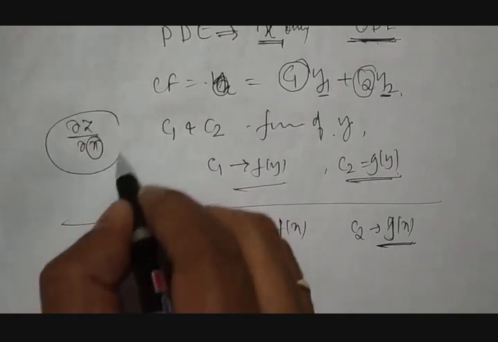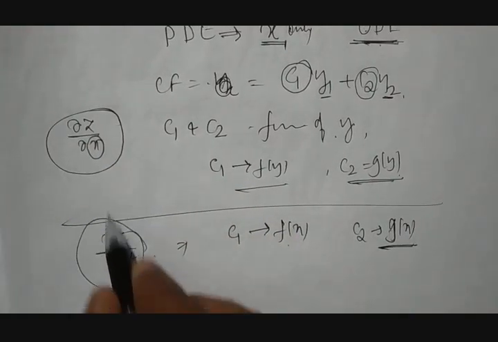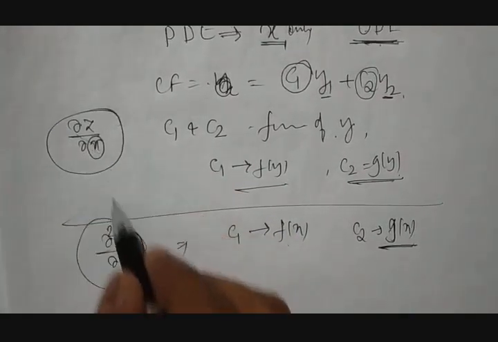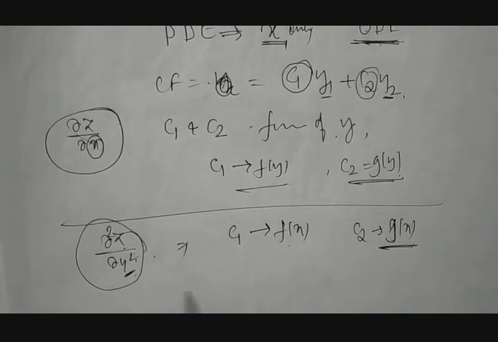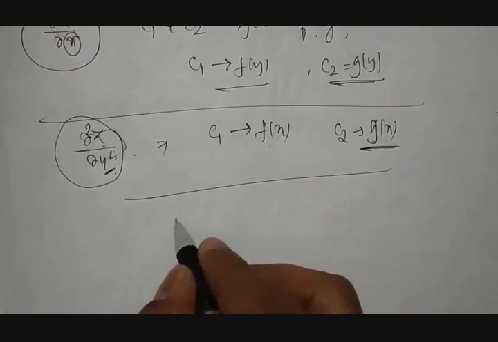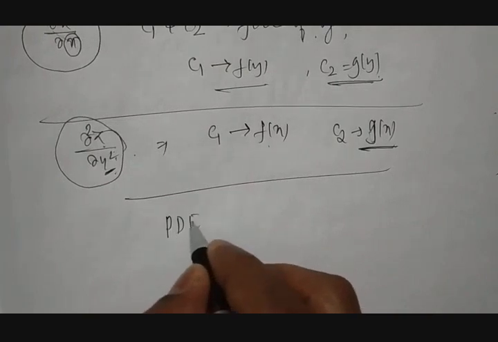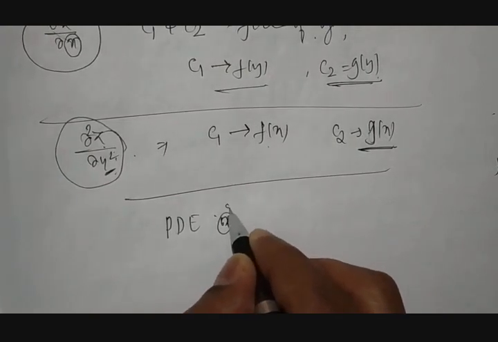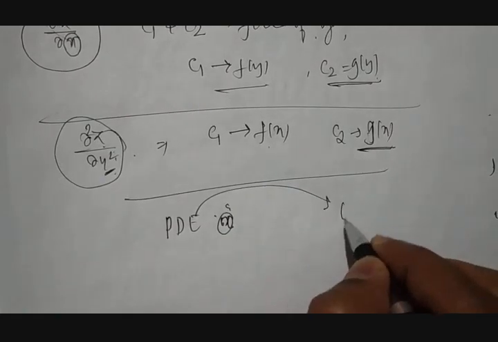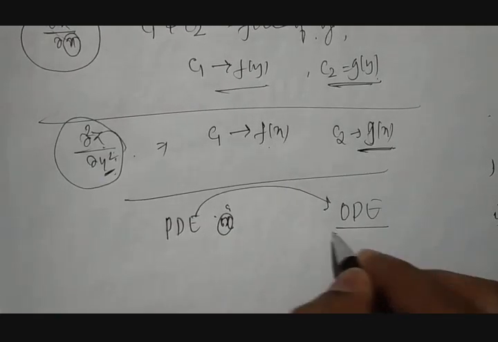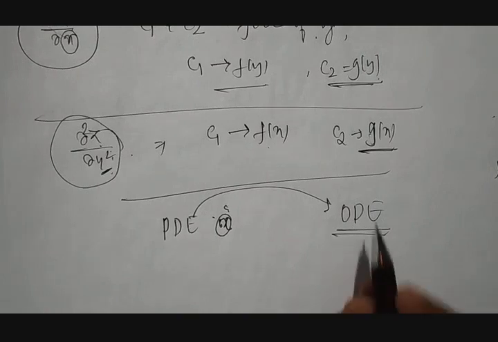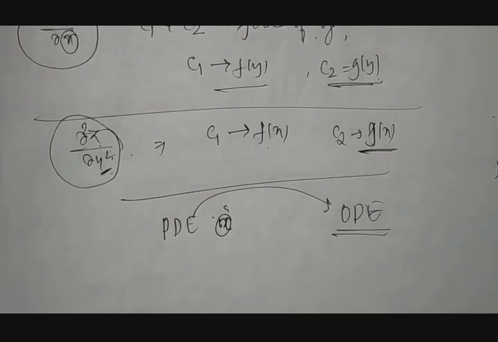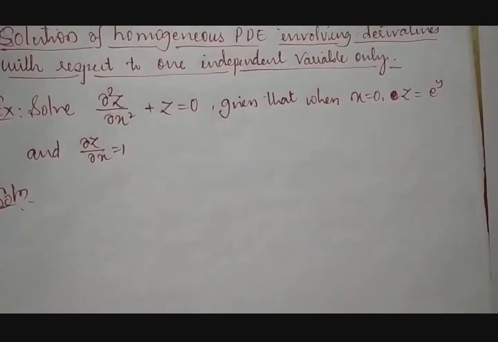You can see this is a partial derivative, but the partial derivative is having a single variable in it. Therefore, when the partial differential equation comes with a single variable, either x or y, whatever it is, then that will be treated as an ordinary differential equation. Then by using the concept of ordinary differential equations, we'll get a solution. So let us take one example in this, how to solve.